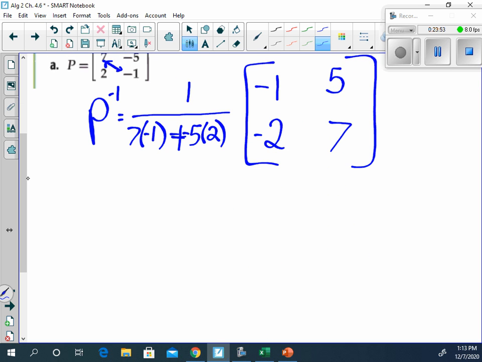Any questions on any of this here so far? Okay, now we're going to simplify down. Well, 7 times negative 1 will be negative 7. 5 times 2 is going to be plus 10.